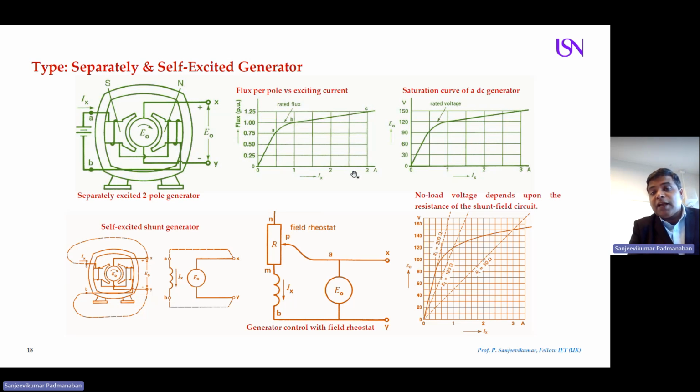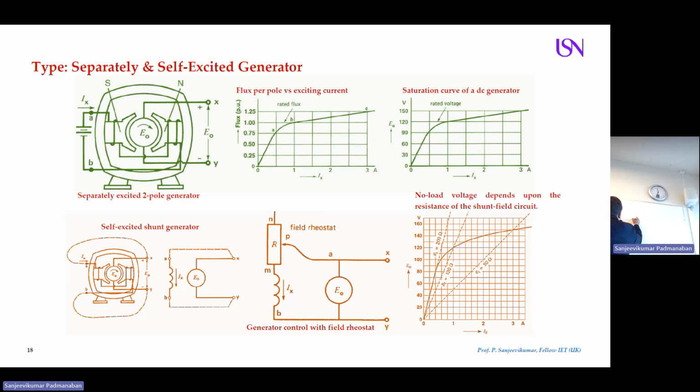But if I want to increase the flux more, yes, I can increase. I go to the point called C, where the maximum current from your field winding is 3 ampere. You get 125% of your maximum flux. What is the meaning? Say 40 Weber is the 100%. 40 plus 25% of your 40 Weber.